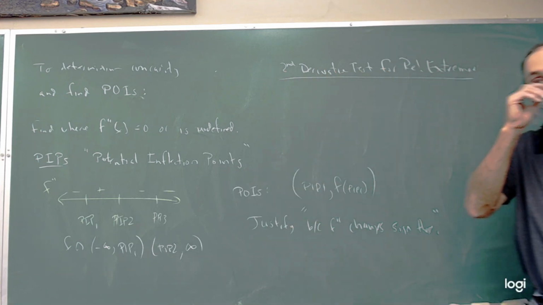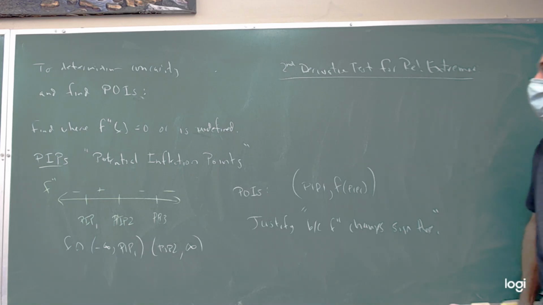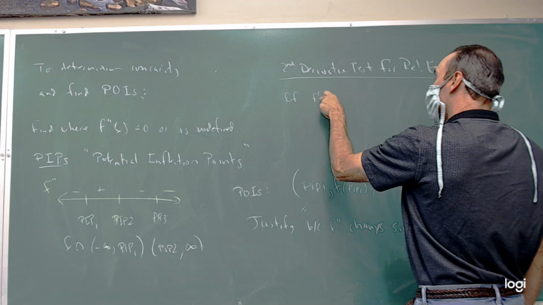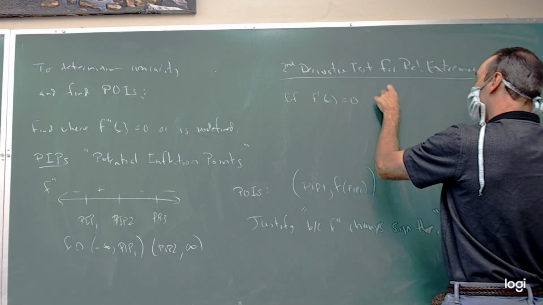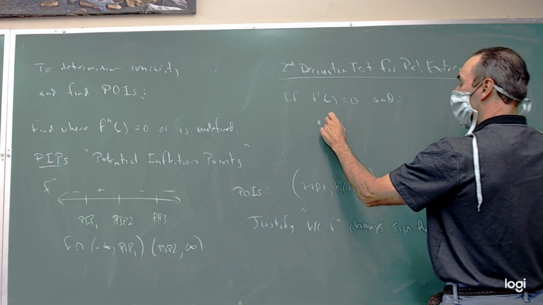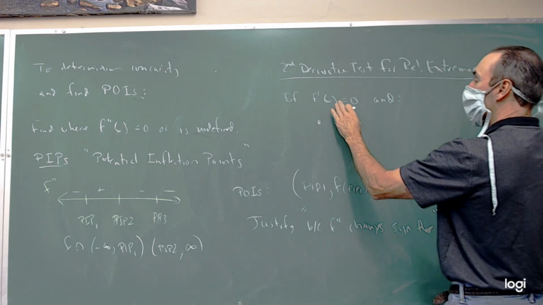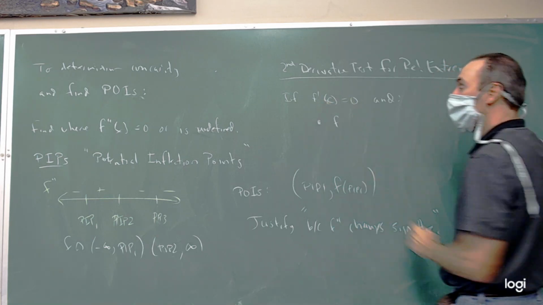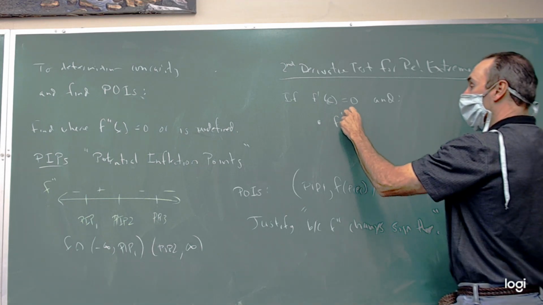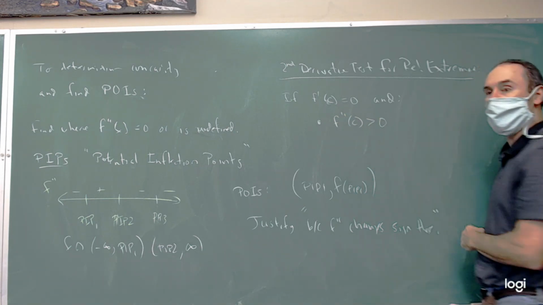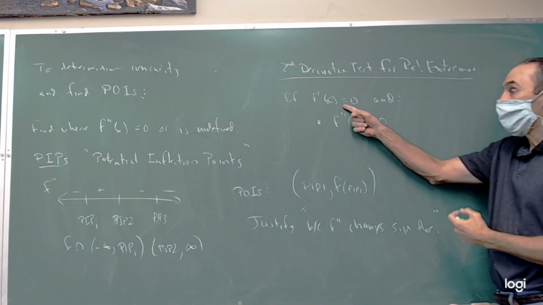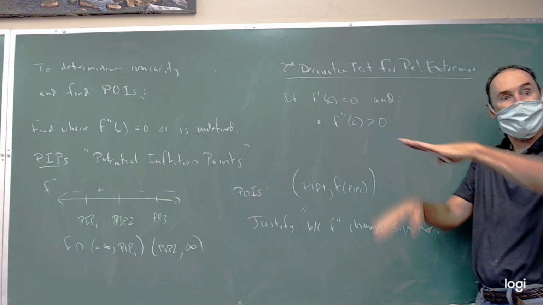Okay, so there's a second way we can justify or find a relative min and relative max. If f prime of x is equal to 0 and, now there's a couple things we can look at. So one thing is, let me say f prime of c, so I'm going to pick a particular value. So if f prime of c is equal to 0 and f double prime of c is positive, that combination, 0 first derivative gives us a horizontal tangent.